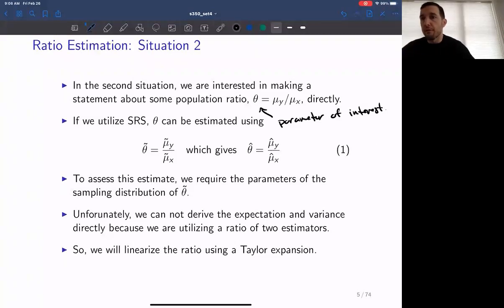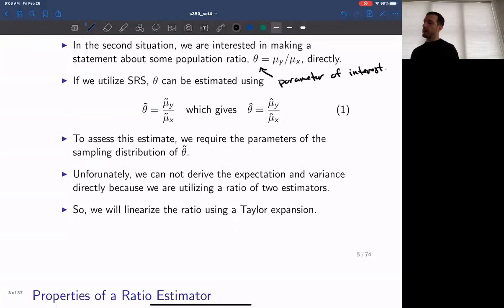So just like before, the first thing that we're going to do is define the properties of the estimator that is of interest to us. So we are going to look at the properties of theta tilde. Now, as you will probably imagine, we will be able to show that the estimator is unbiased, and we will be able to define a variance estimator for theta tilde that we can utilize to bound the estimates coming from an experiment where we are interested in estimating the population ratio.